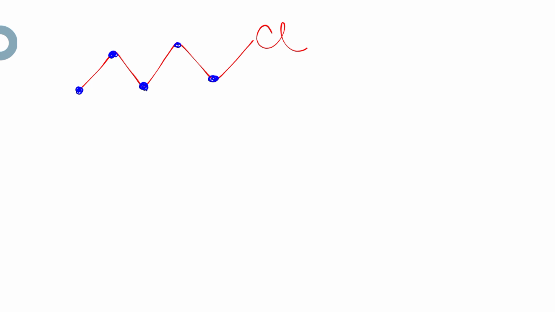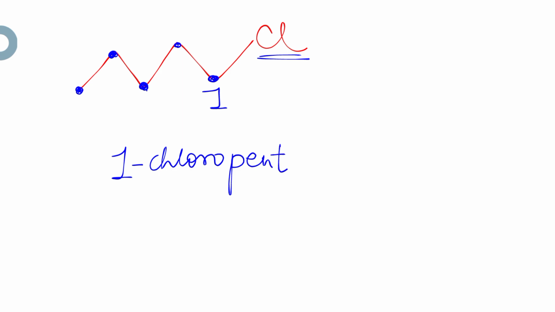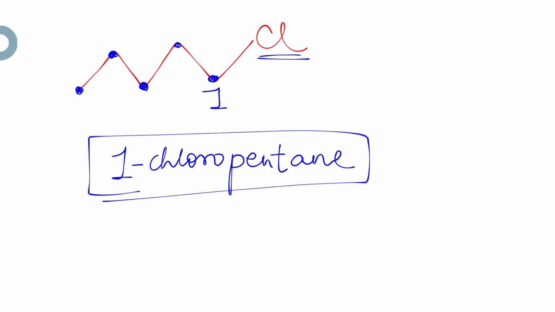Here there are only five corners, so the parent chain is of 5 carbons, and the chlorine is connected to the first carbon atom. So its name is written as 1-chloro, 5 carbon is named pent, and carbon-carbon single bonds are named alkane. So the name of this compound is 1-chloropentane.